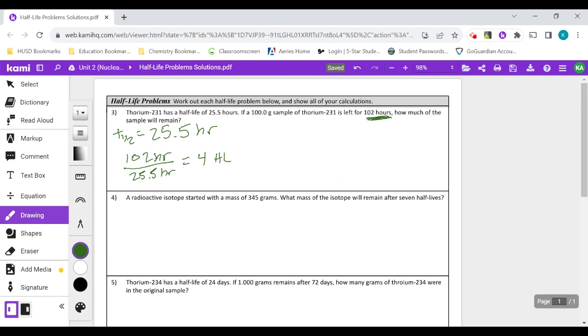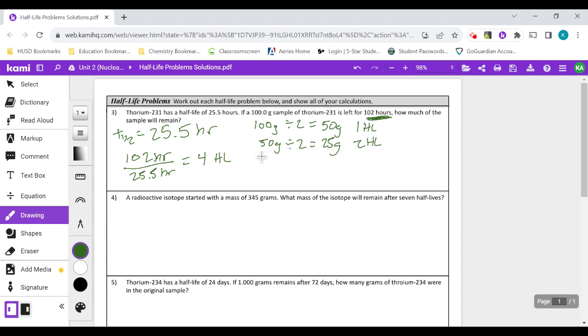So at this point, it's a pretty straightforward division problem because after every half-life, the sample is being reduced by 1/2. So if we start with 100 grams of sample, and we divide it by 2, we're going to have 50 grams of sample. This is 1 half-life. That 50 grams will get divided by 2 as well to be 25 grams. It's 2 half-lives.